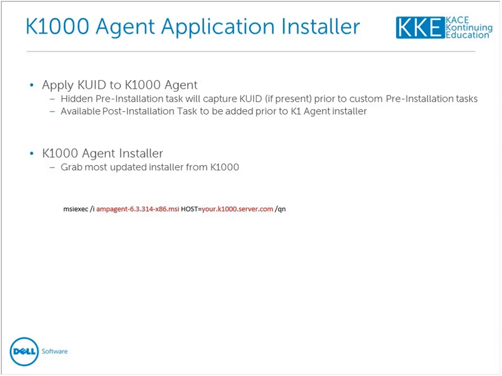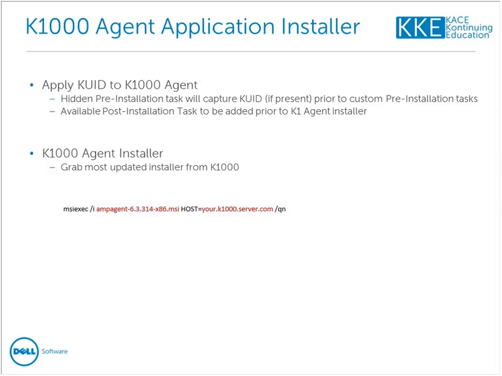We do not want the K1000 agent installer creating a new KUID, which would create new records, use up another license, and sever the ties with the old assets. It was Bob's machine before I reimaged. It's still Bob's machine now, so we want to preserve that KUID, which is the Kbox unique identifier. We want to preserve that number, so we can use that task.